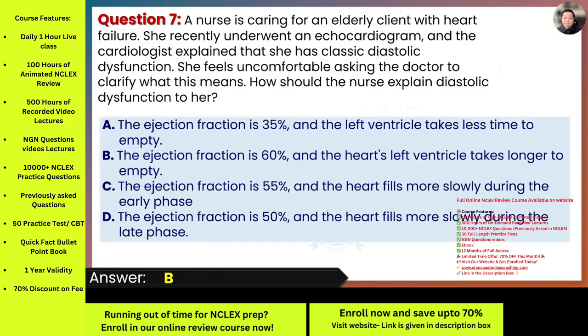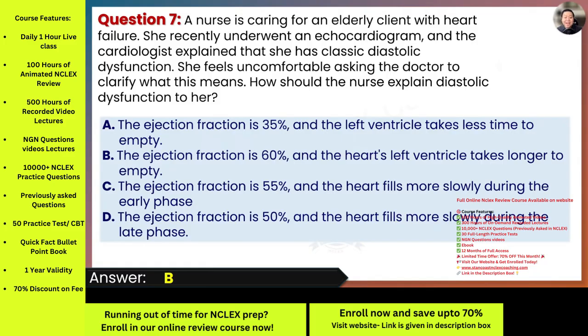Now, this can cause the left ventricle to take longer to fill because it becomes stiffer and less compliant. And in the diastolic dysfunction, the ejection fraction remains normal, typically between 50% and 75%. So we focus on how the heart fills. Now, why is B the correct answer?